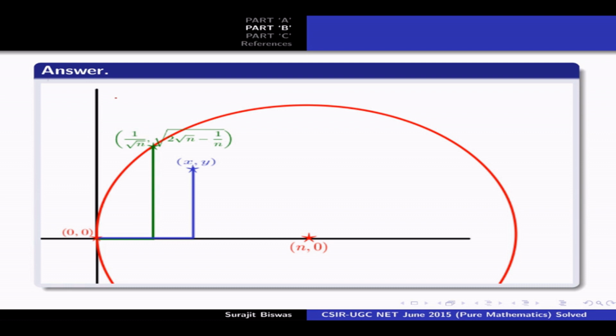Okay, so how would we show this? Basically, given any x and y, we would choose n sufficiently large so that we can have 1 by square root n less than x.